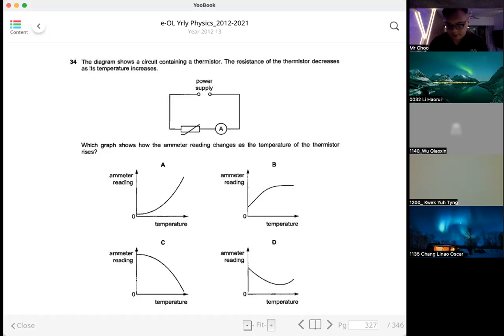So let me repeat again. As temperature goes up, resistance will go down. Okay, Howry, well done. Oscar, well done. How about the rest of you?